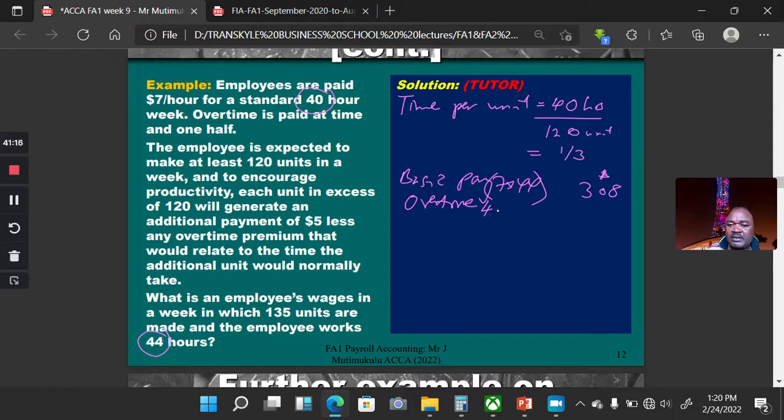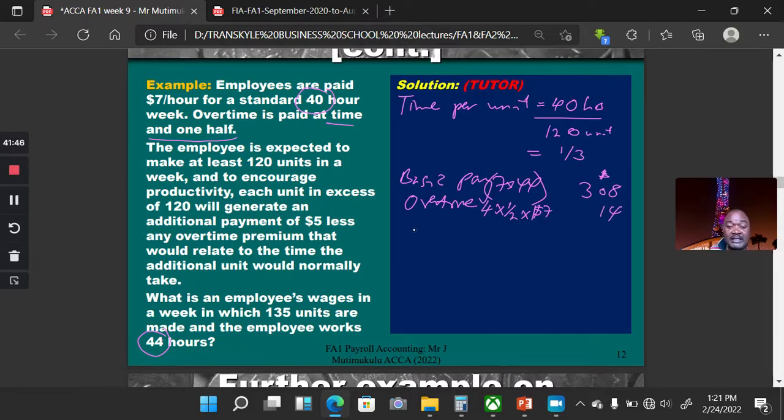The overtime is being done at a time and a half. So the overtime component, we are going to give this guy 4 hours multiplied by half multiplied by $7 per hour. That's 4 multiplied by half, that's 2, multiplied by 7, that's 14.